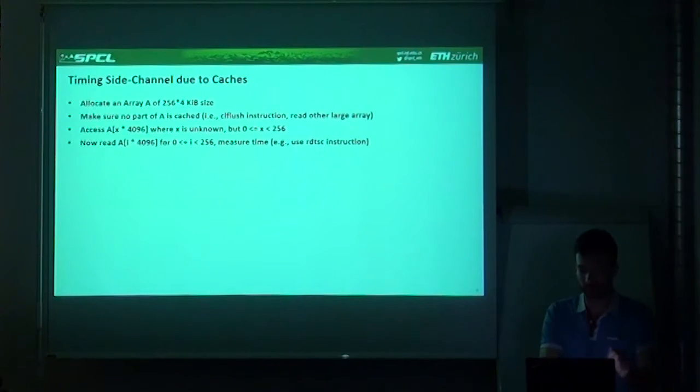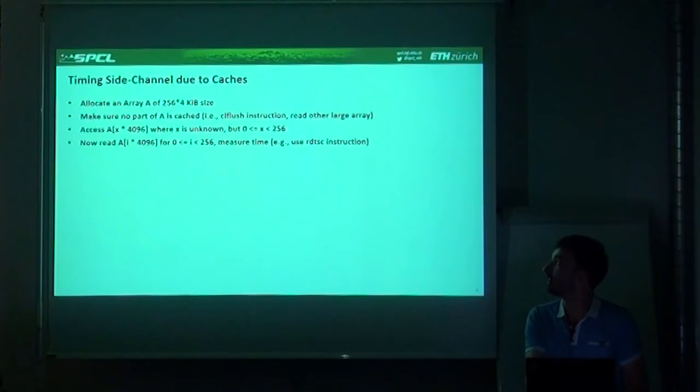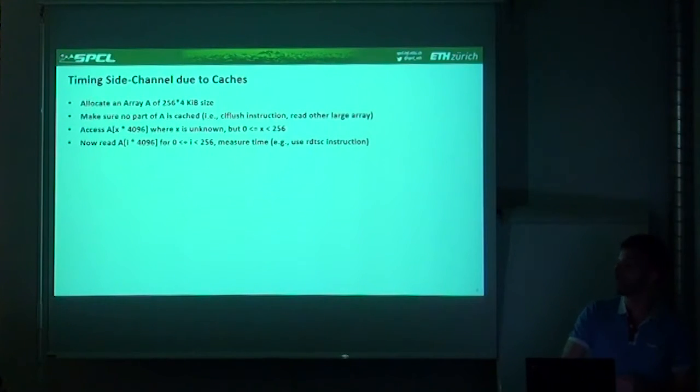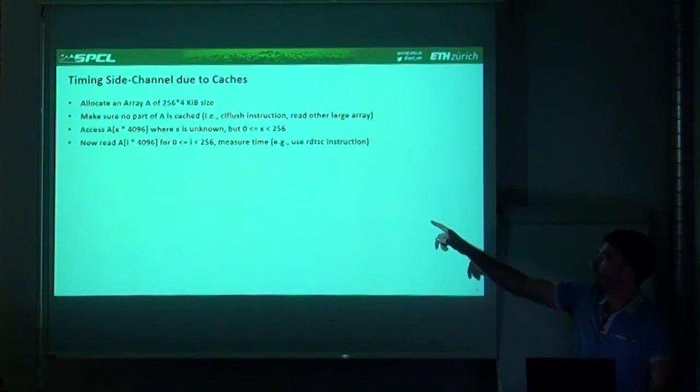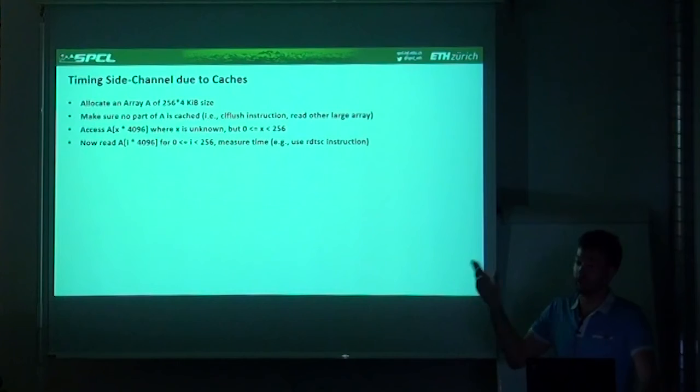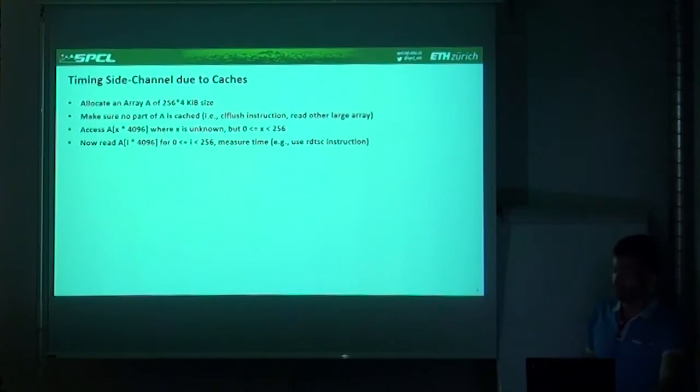And then we access this array A at address X times some stride. Here the stride is 4 kilobyte, because 4 kilobyte is one page. So even if a page would be in the cache, each X would lead to a different cache item being loaded. And X is unknown, but we know X is 1 byte in size. So it's between 0 and 256. And now we read basically A at I times the same stride for each value of I. And we know for each time we read, we will have a complete cache miss.